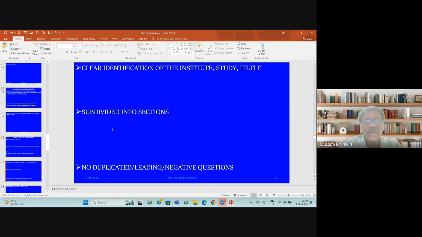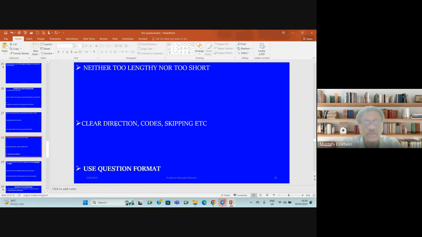Also, clear identification of the institute and the study title, and it should be subdivided into sections, section 1, section 2, and so on. And we need to avoid duplicated, leading and negative questions, as we have mentioned. Neither too lengthy nor too short, and with clear direction through the pauses and skipping from one question to another, with clear instructions for the interviewer.